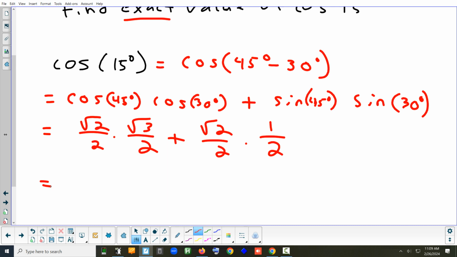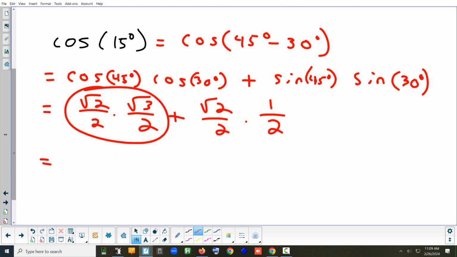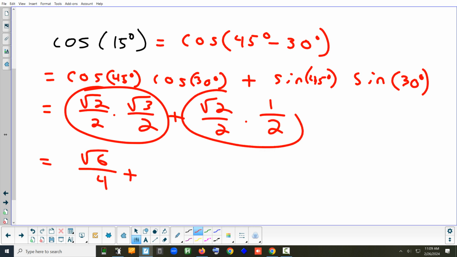Okay. Now we're going to multiply together what we can. What do you get when you multiply those two together? Yep. Square root of 6 over 4. And how about we multiply those two together? Yeah. Square root 2 over 4.